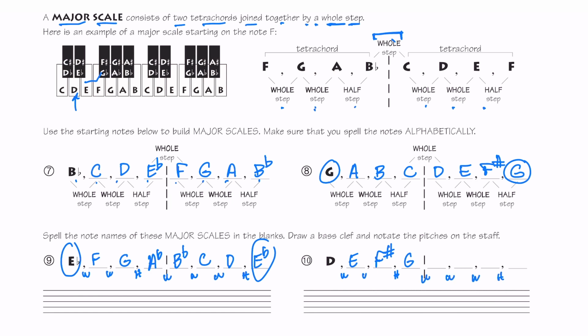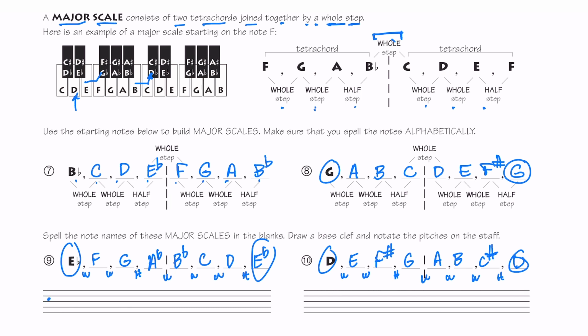Yeah, just remember whole, whole, half, whole, whole, whole, half. G up to A. Up another whole, up to B. All right, here's another tricky one. B, half step, and whole step would be a C sharp. And then I end up on the same letter name as I started. Okay, then we're going to draw it on the staff.